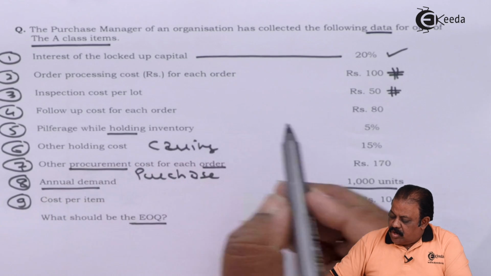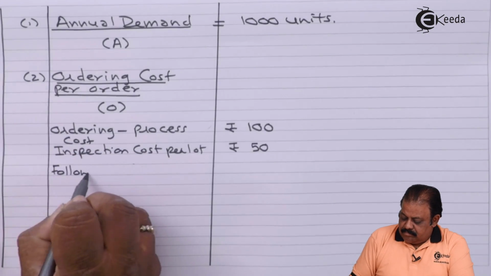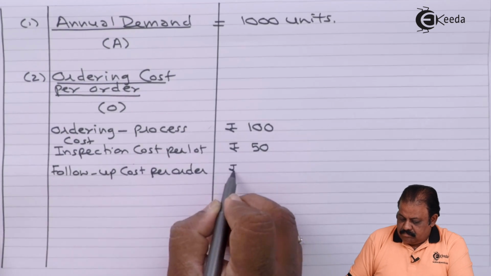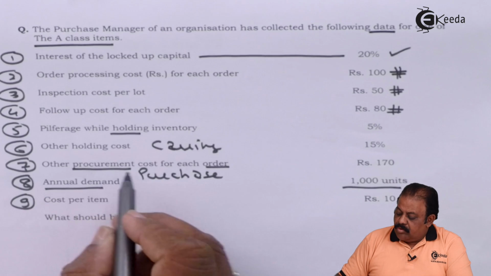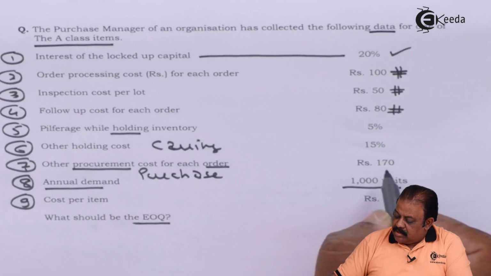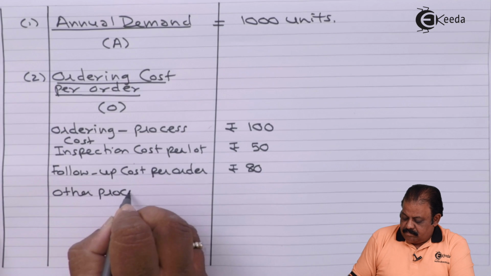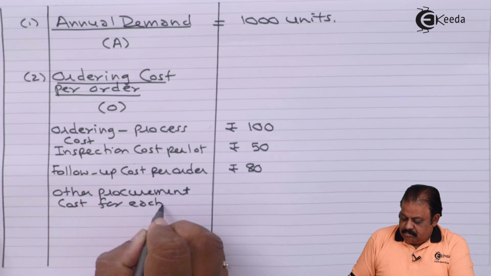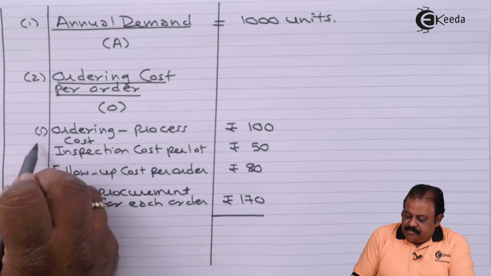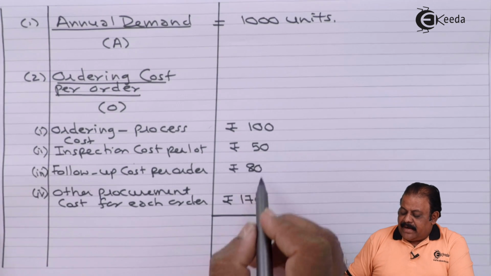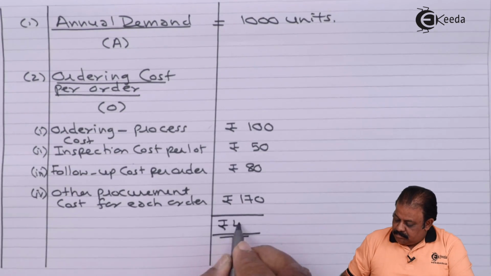Follow-up cost for each order rupees 80. Other procurement cost for each order rupees 170. We can add all these items to arrive at value of O.